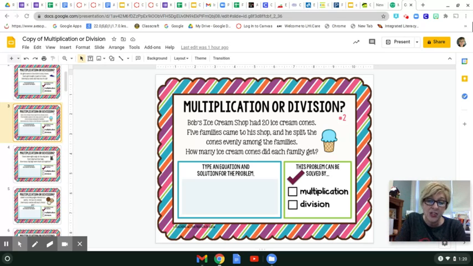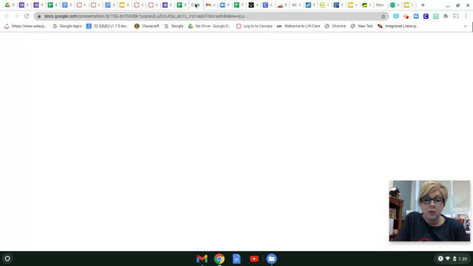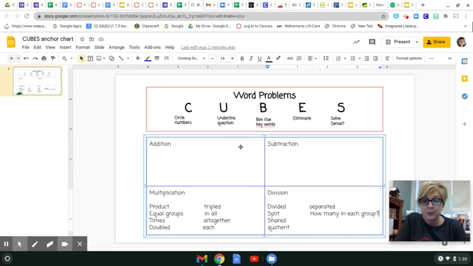It's kind of hard to do that online here, but we'll review that as you come back in person. If you notice the word split right there, that was from our chart that we made. If you're splitting something into groups, you're going to divide.